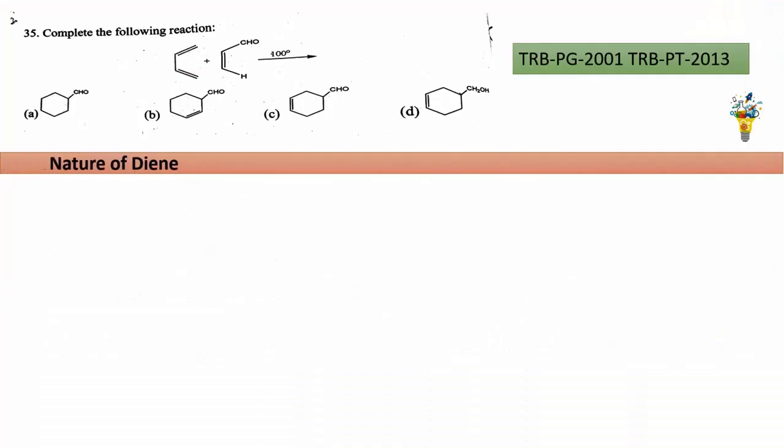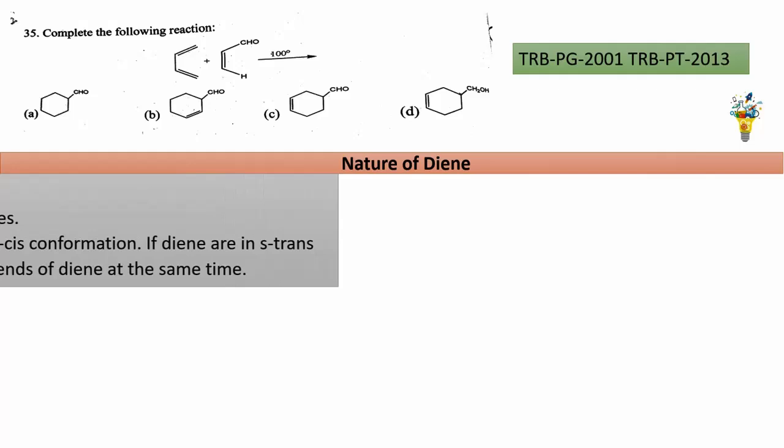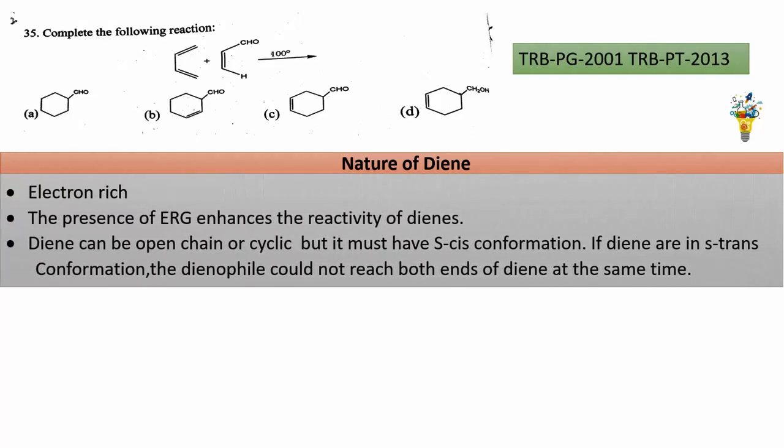Next is the nature of the diene involved in the Diels-Alder reaction. Generally, the diene is an electron-rich species, and if electron-releasing groups are present in the diene, it may be reactive to a greater extent. This is butadiene.